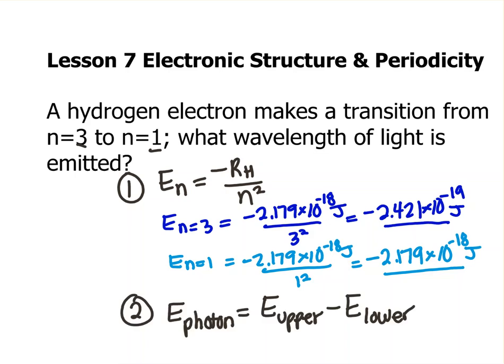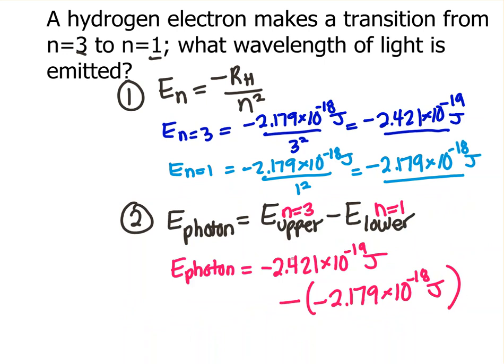So this is to get the energy of the photon that's released. It's not a final minus initial kind of thing. You'll do upper minus lower of these. And by upper, I mean the n equals 3, and the lower is n equals 1. So I'm just going to plug in those 2 numbers. So I did the n equals 3 energy and the first energy level energy.